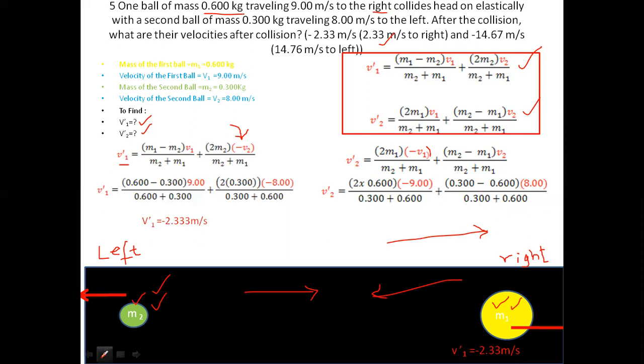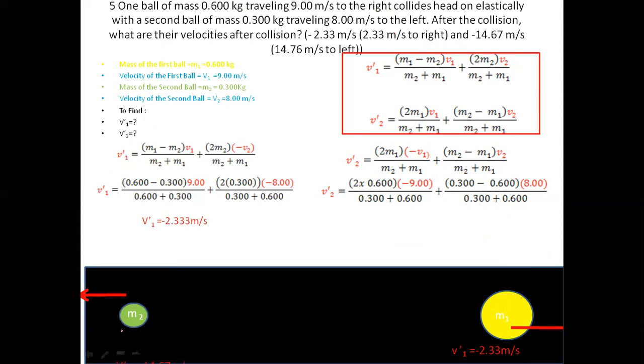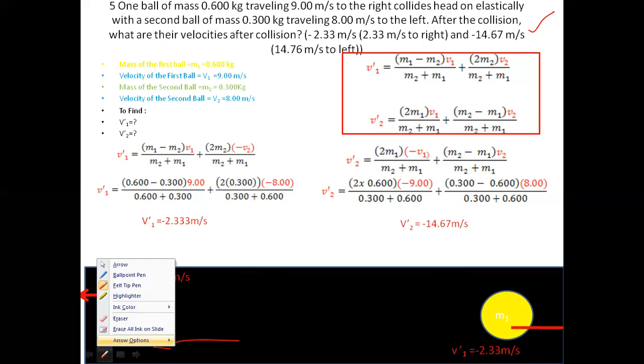Now let us clear that up so that we have the answer. The answer for the second body is v2 dash equal to minus 14.67 meters per second. And as you know, it went towards the left-hand side of the screen, so our concept and our answer were right. Our imagination was also correct, which we thought would move in that direction.